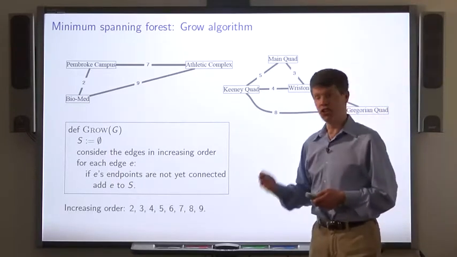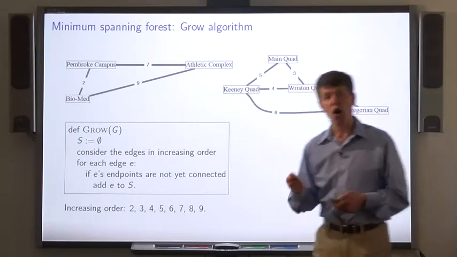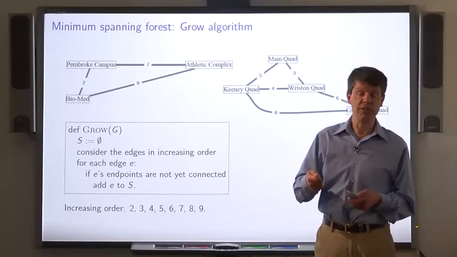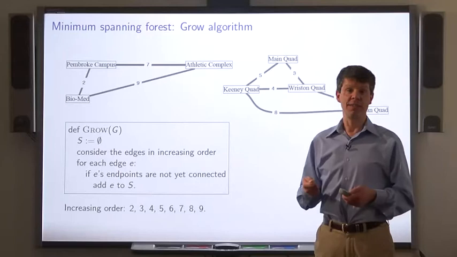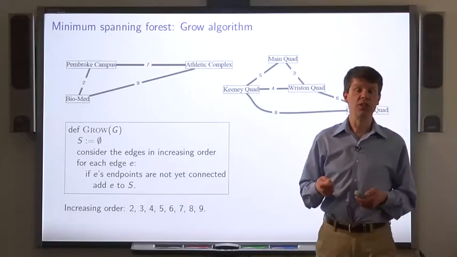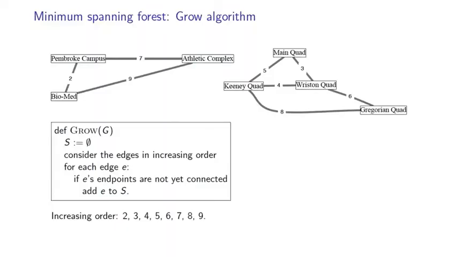For each edge in turn, consider whether its endpoints are already connected by a path using edges in the set S of edges selected so far. If not, add that edge to the set S. If so, move on to the next edge in increasing order of weight.